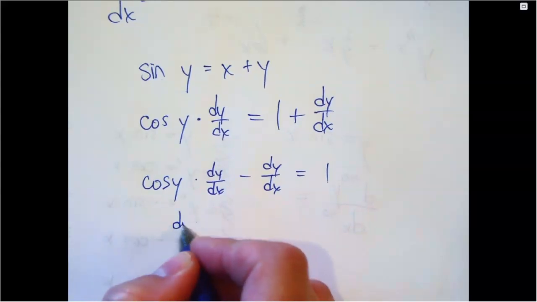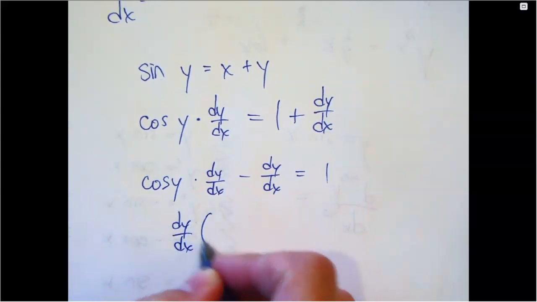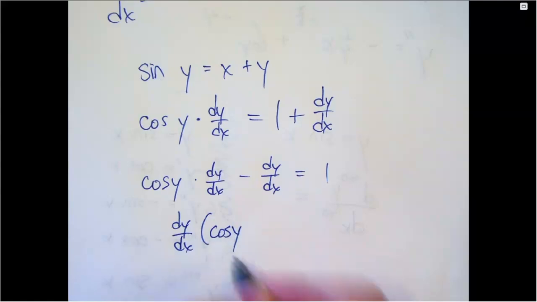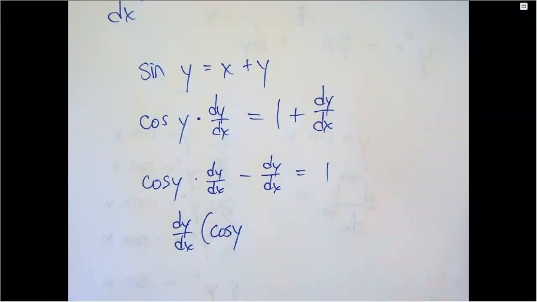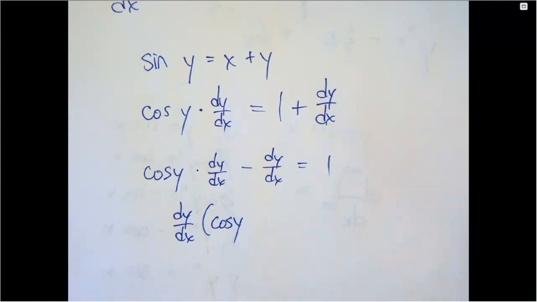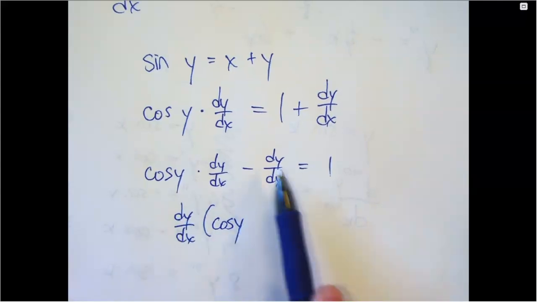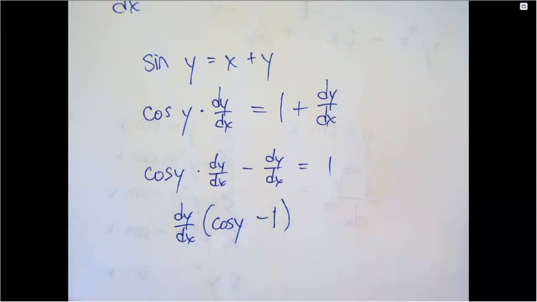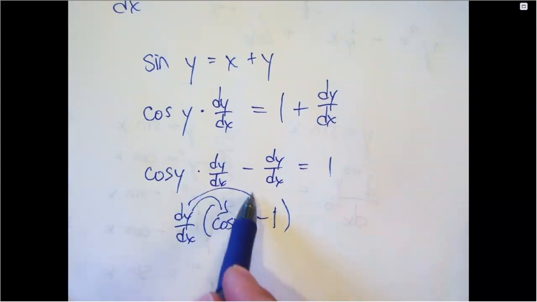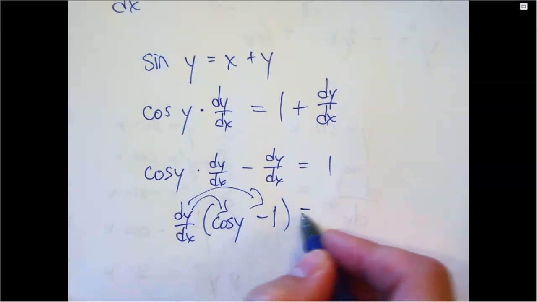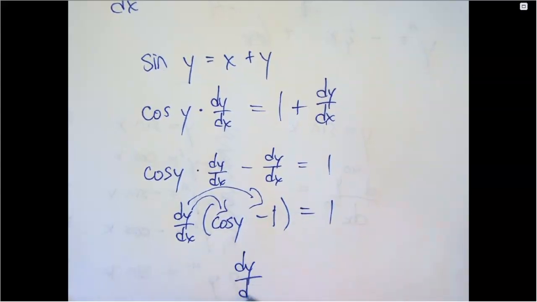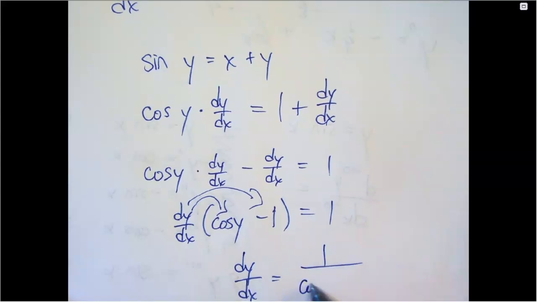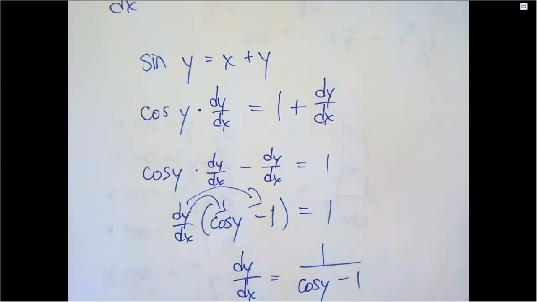Anti-distribute? A lot of people will anti-distribute this incorrectly. They'll be like, oh, I took a dy/dx out, and that was the dy/dx, so there's nothing left. But there has to be a 1 there, so that if you multiply back in, you would end up with what you started. And then divide, so dy/dx equals 1 over cosine of y minus 1.